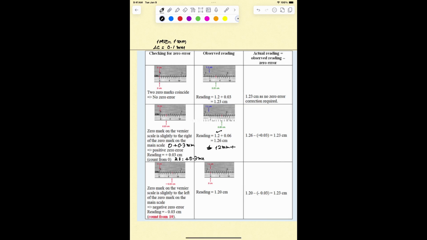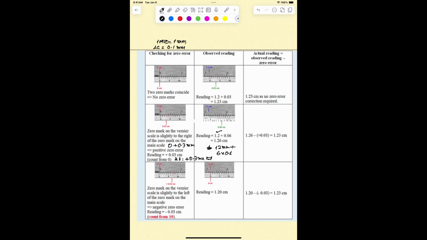Therefore, 12 mm is the reading of the main scale, plus the reading which is showing now is the sixth division of the Vernier scale coinciding. Therefore, it is 6 into 0.1 least count.